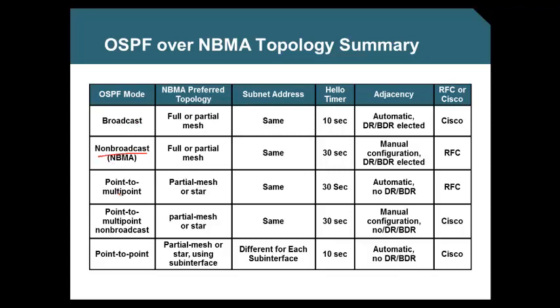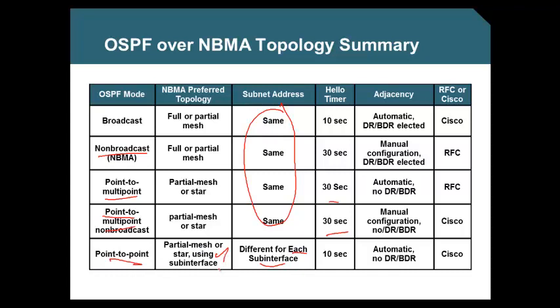In non-broadcast and point to multipoint non-broadcast, the timers are the same, 30 and 120. And the subnet should be the same on all these 4 except point to point. For each sub-interface or for each P2P, there should be a different network. So this is recommended for partial mesh. And these two are recommended for partial mesh.